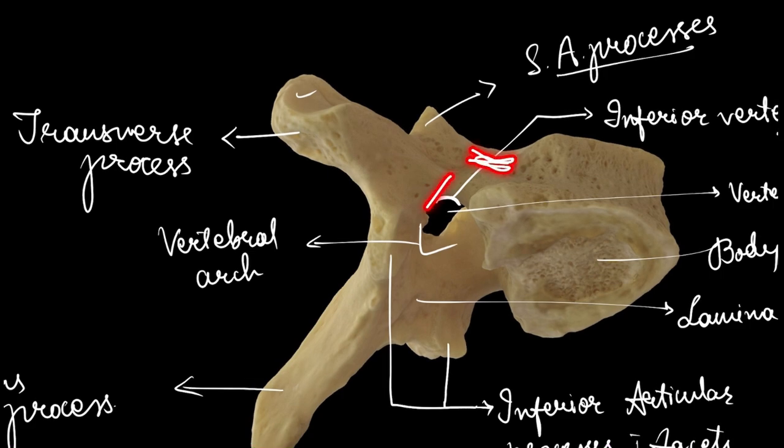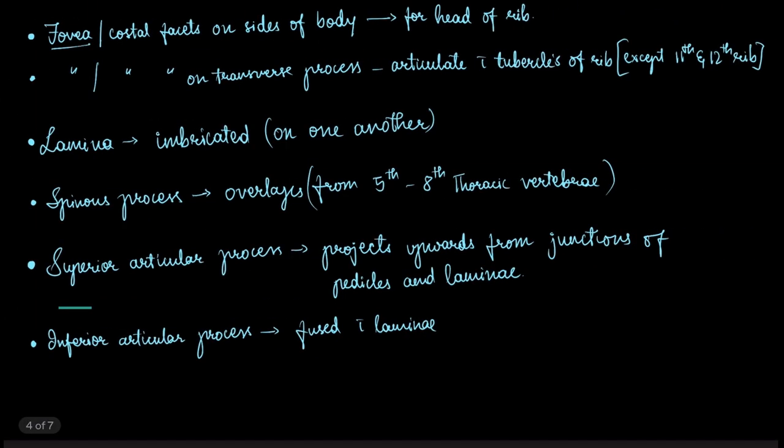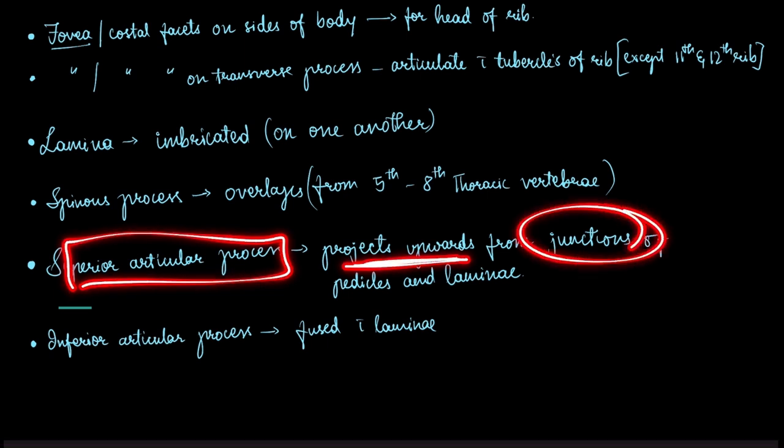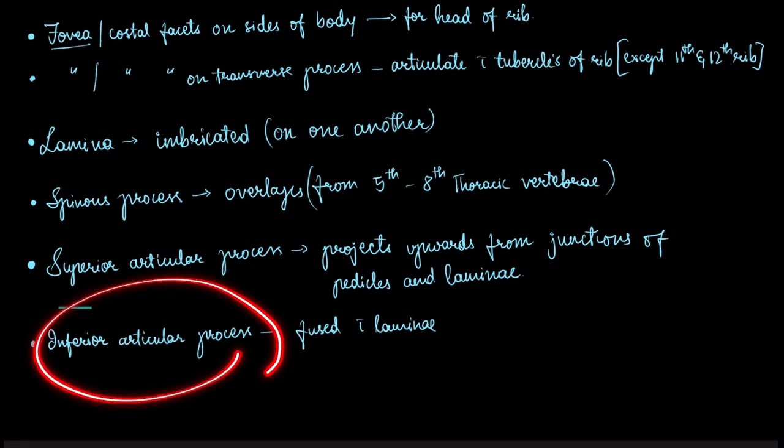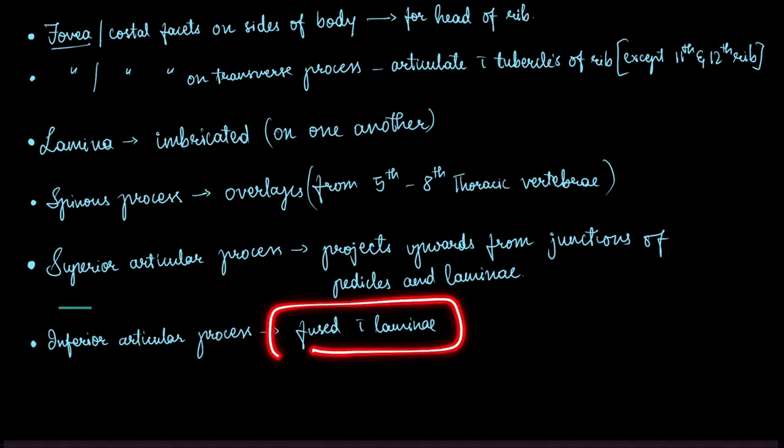This is the pedicle, this is the laminar region, and from the junction of these two, the superior articular process projects upwards. What about the inferior articular process? I have told you that it is fused with the lamina.